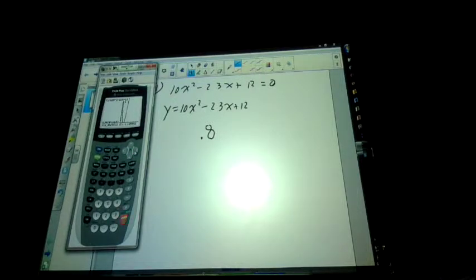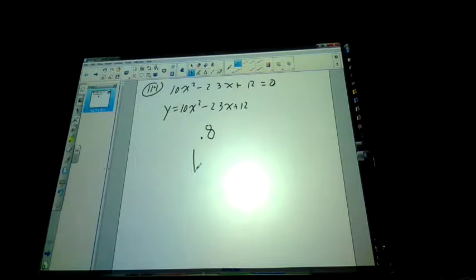And I'm going to continue moving my cursor until I get to a positive y. We're at a positive y now. I can keep going if I wanted to, but there's no reason to. Hit enter, I don't want to guess. It's going to find me the other intersection right there, so 1.5 is my other point. And there's my 2 solutions to the problem. So it's where it crosses the x-axis.